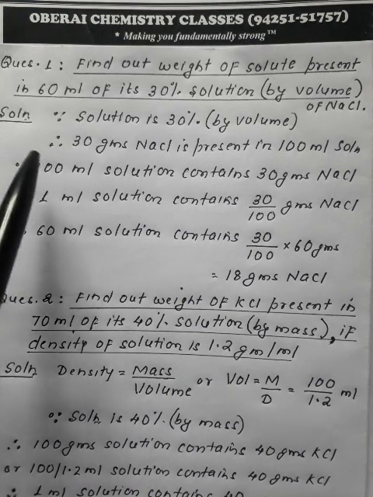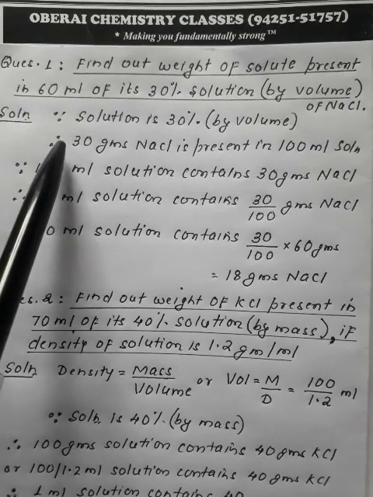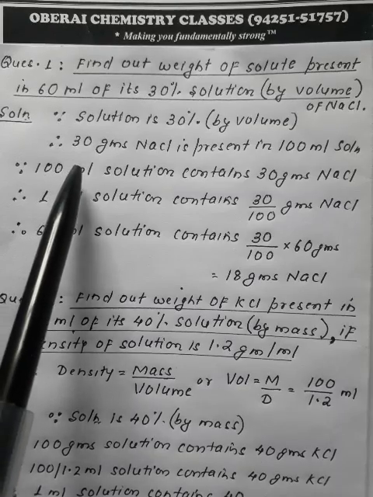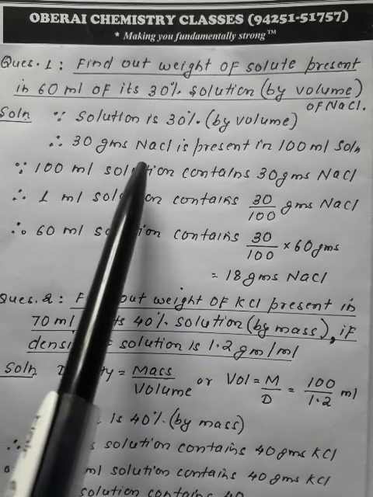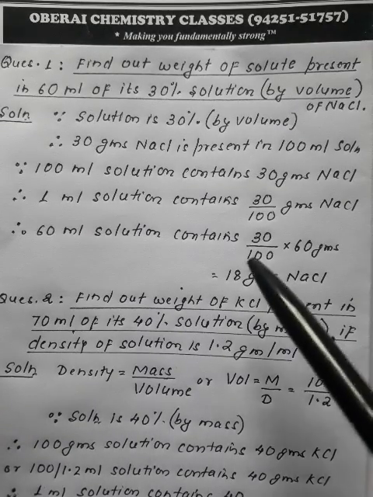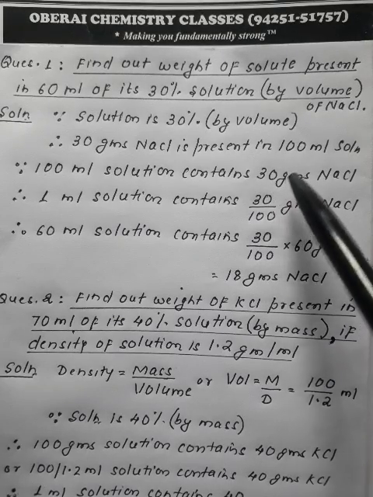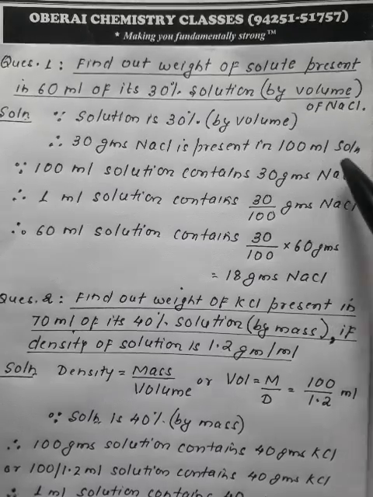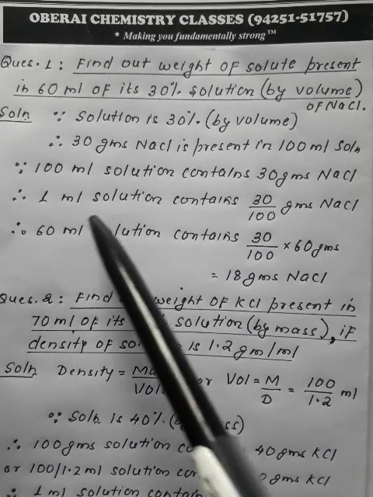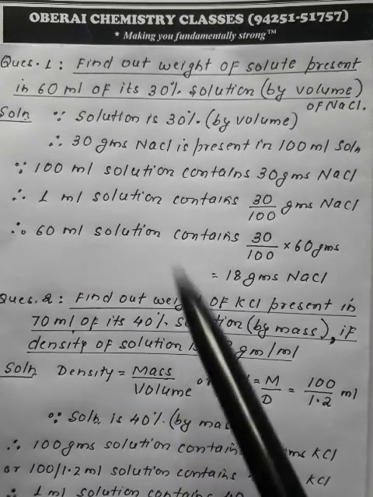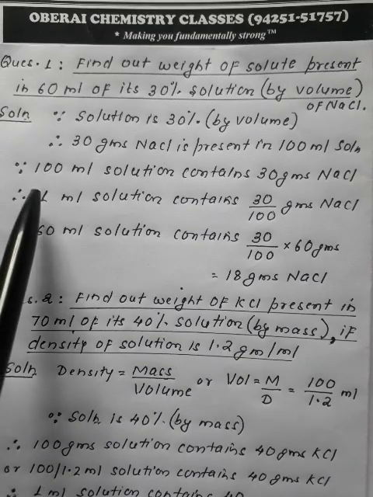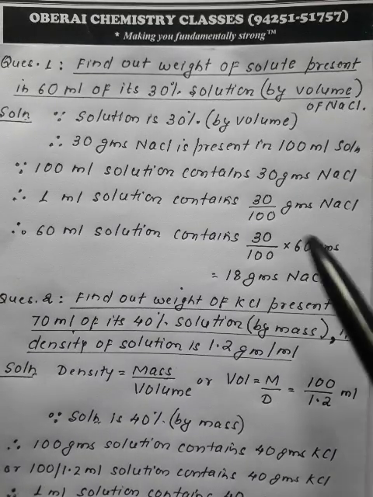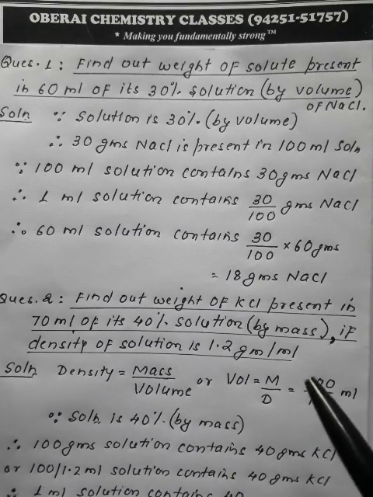Now how do we proceed? Since the solution is 30% by volume, it means 30 grams of NaCl is present in 100 ml of solution. So 100 ml of solution contains 30 grams of NaCl.